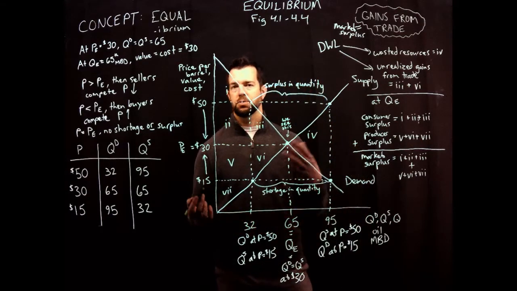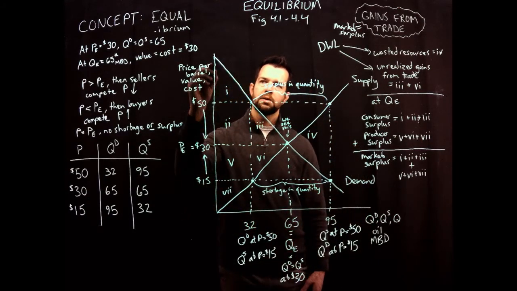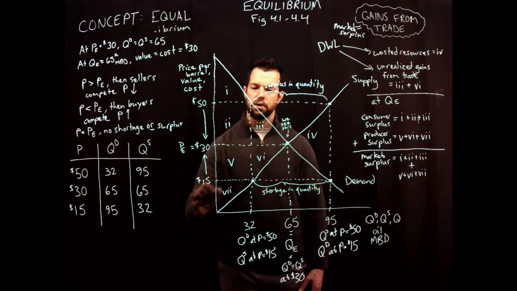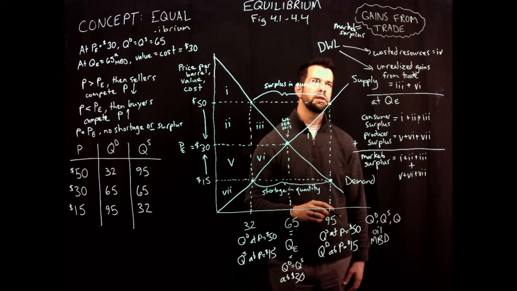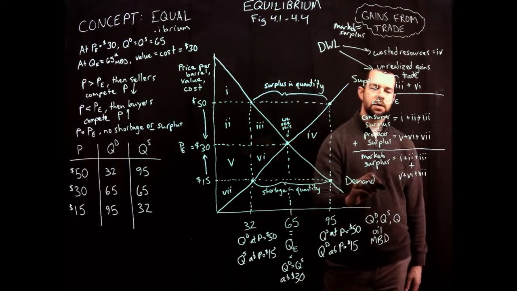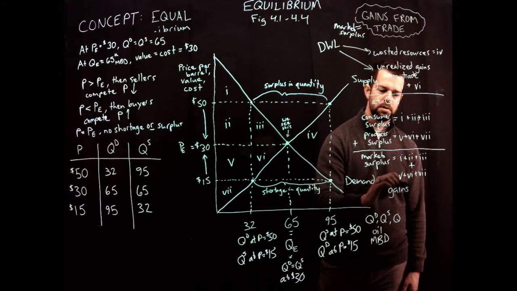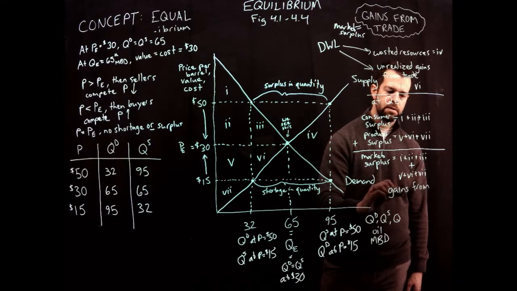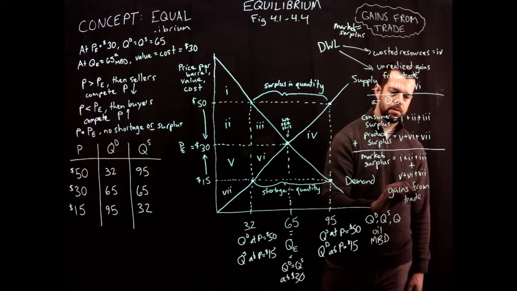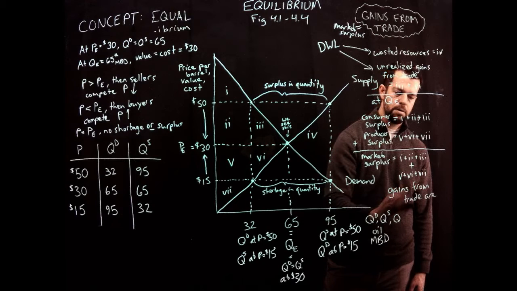In this case, it just represents the buyers and sellers of the market by the area of this large triangle here, and that is the gains from trade. And so the gains from trade are maximized.